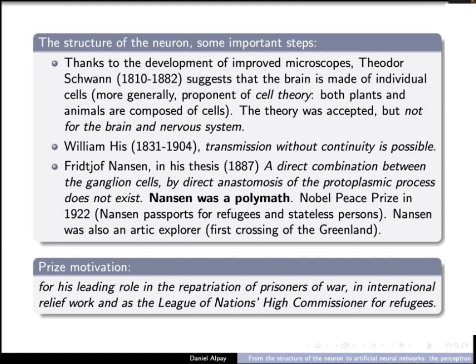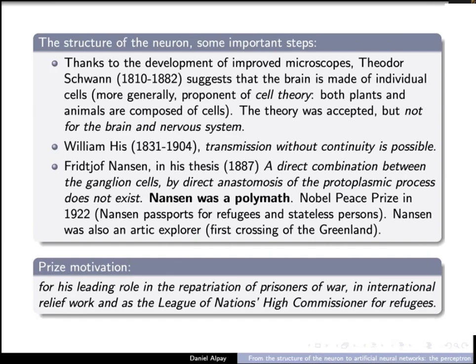But then he left biology for politics, and he got the Peace Nobel Prize in 1922 for his action for the refugees, in particular the Nansen passports, which were documents given to the refugees in 1938.